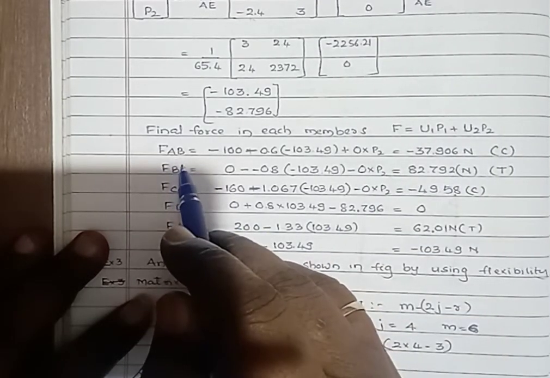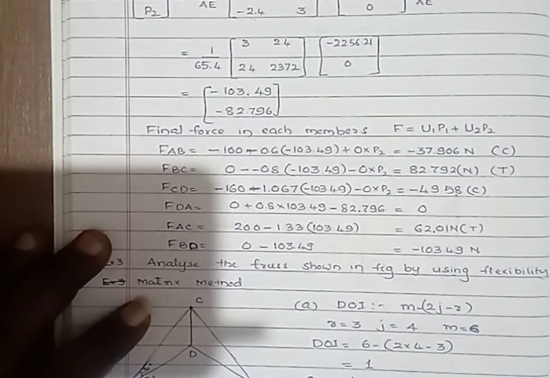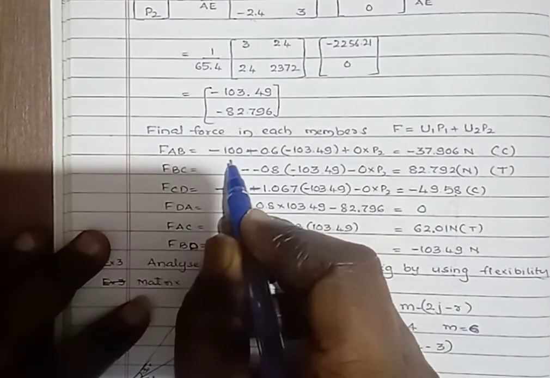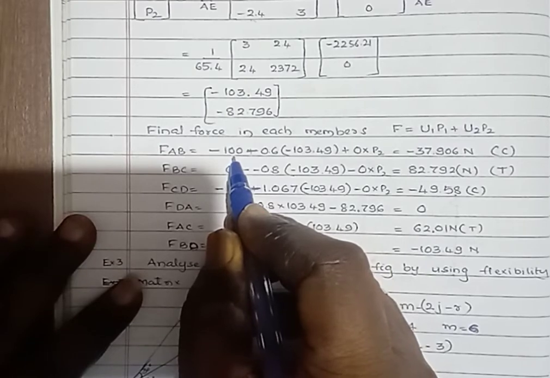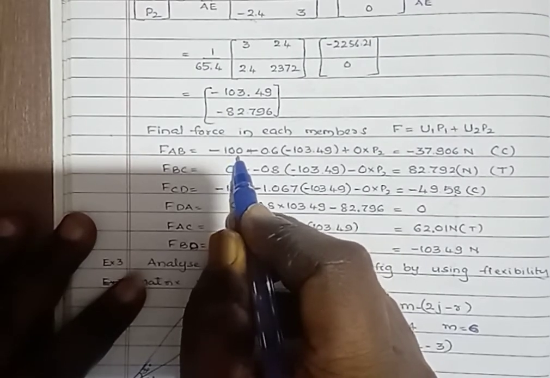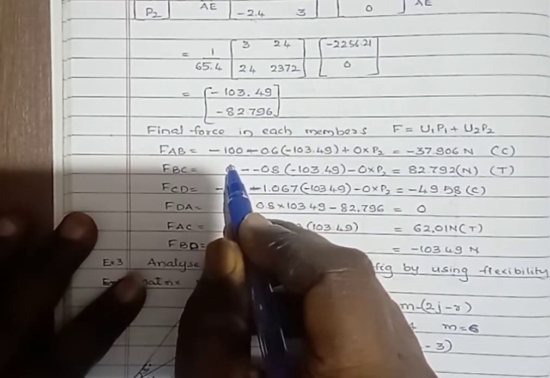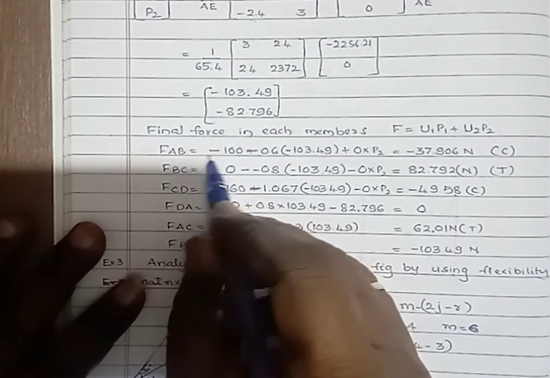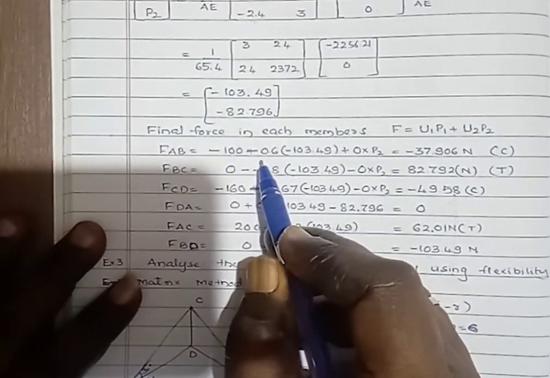Here the force in the member due to the applied load, that one is minus 100. By removing the redundants, the force in the member AB is 100.